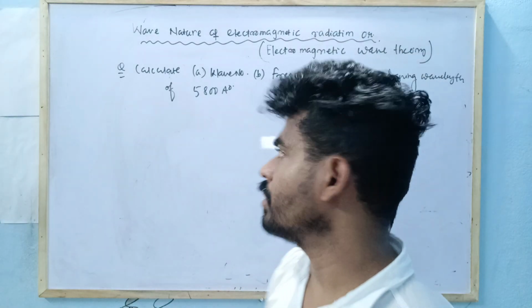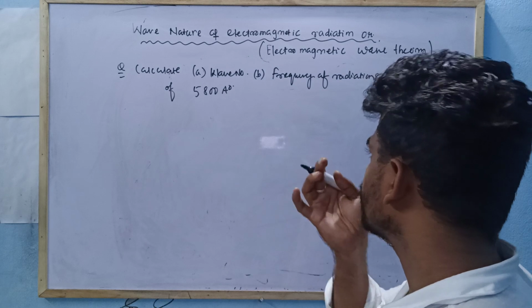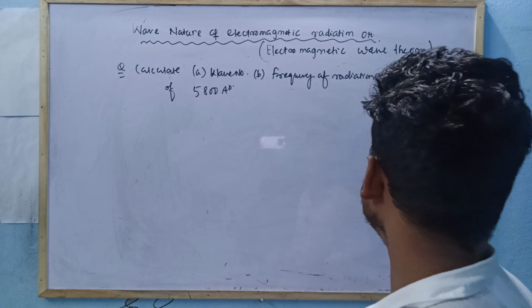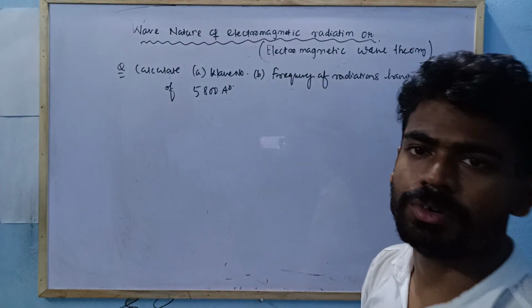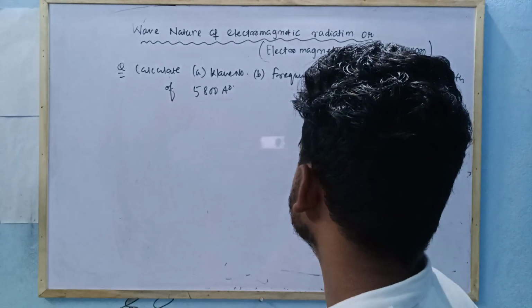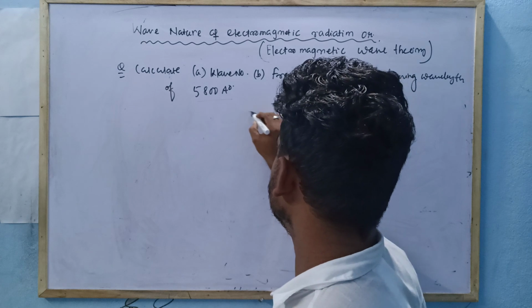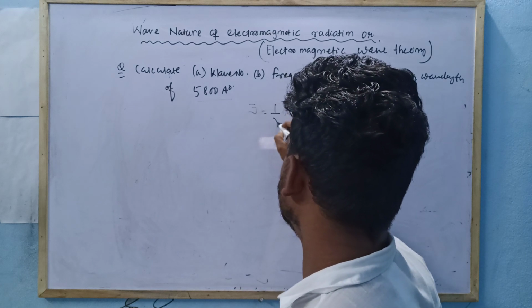So here the question is: calculate the wave number and frequency of radiations having a wavelength of 5800 angstrom. Easy. You have to calculate wave number, the reciprocal of wavelength.